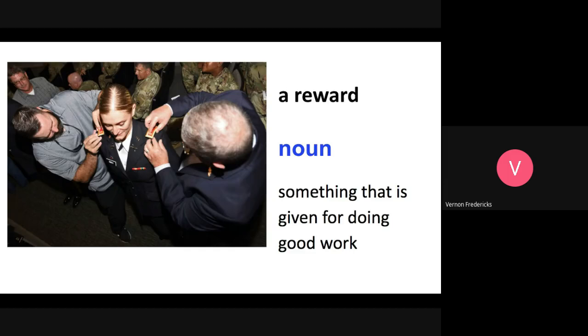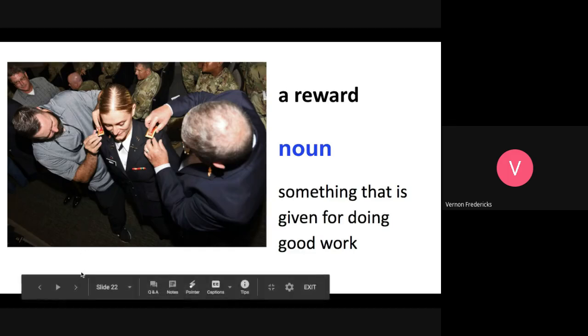Another example of reward is you do well in class and your friend says to you, yeah, 10 riyal, buy you lunch. That's another small reward. So it's something that you get for doing good work.